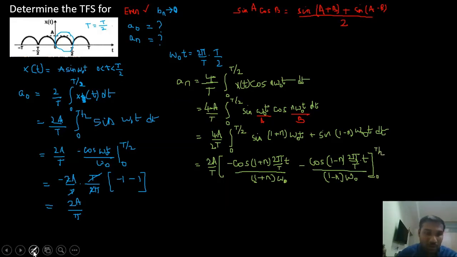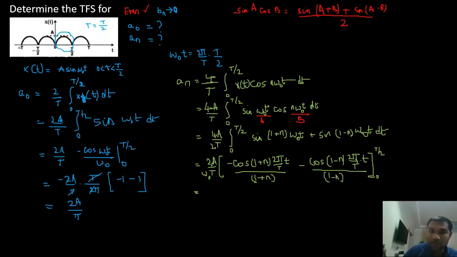Now this omega naught here and here, we can take it common. I'll take it outside. Okay, so what am I left with now? I can take this omega naught and this omega naught outside. So that will be omega naught here, right?